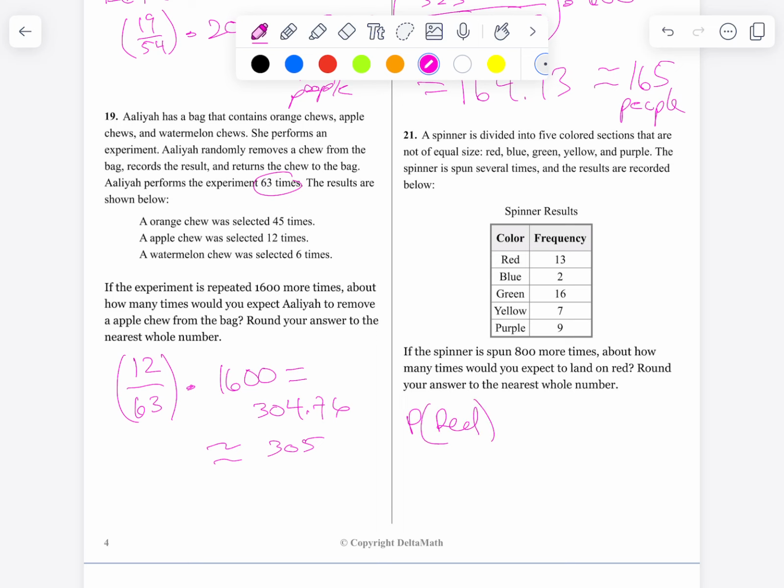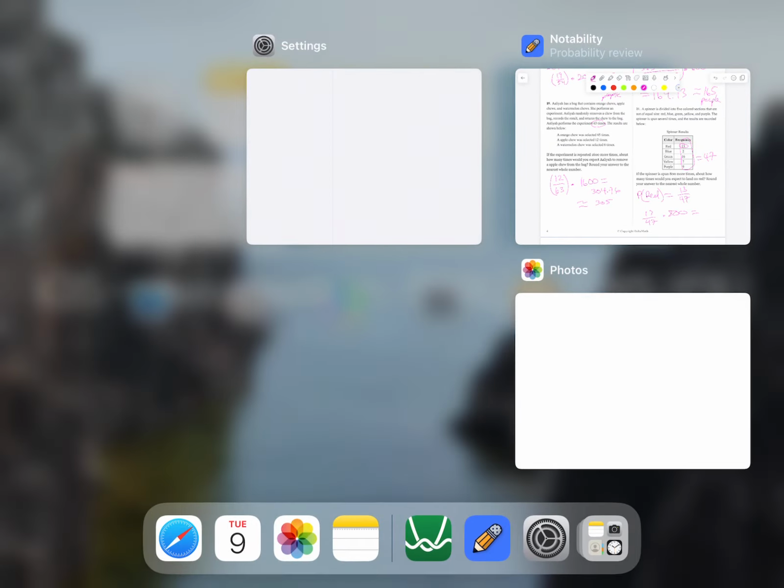So the probability of red right now: there's 13 times that it was red out of all the times that it was spun, which is 13 plus 2, which is 15, 31, 38, and then 47. So if you add all these numbers, it should give you 47. So 13 out of 47 times 800 should give me the expected number.